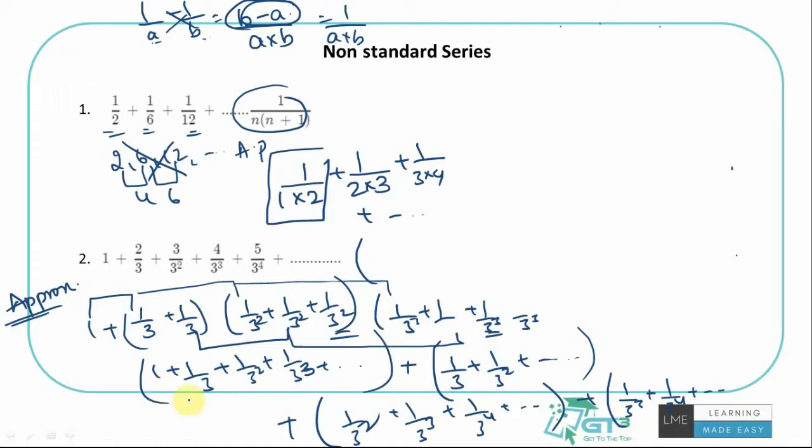So what is the sum for this? 1 plus and so on. The common ratio is 1 by 3. A by 1 minus r is the sum to infinite terms for a geometric progression, right? So the first block would give me 1 by 1 minus 1 by 3, that is 1 by 2 by 3, 1.5.